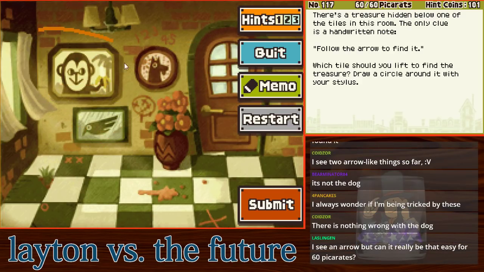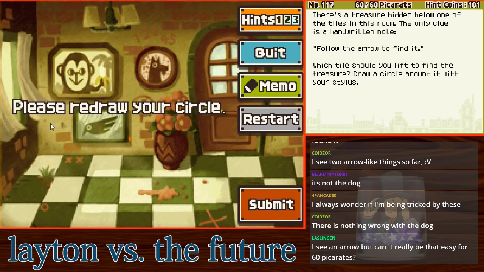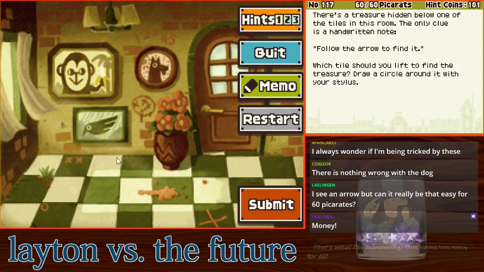Okay, they're not. It tends to be really obvious once you see it. That bird is pointing down. I was looking at the sunlight, but that does not make an arrow in any way.